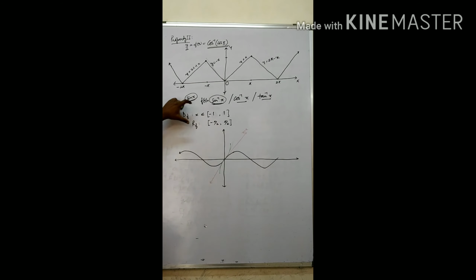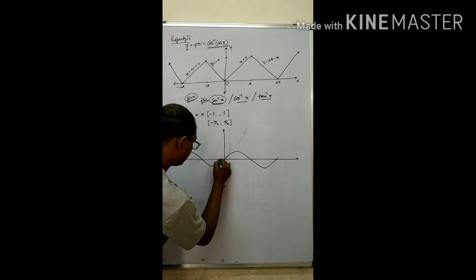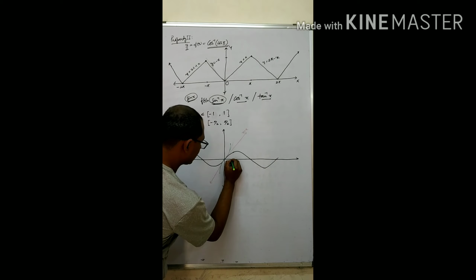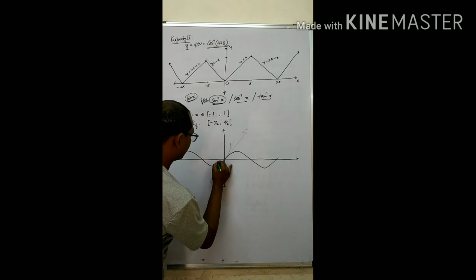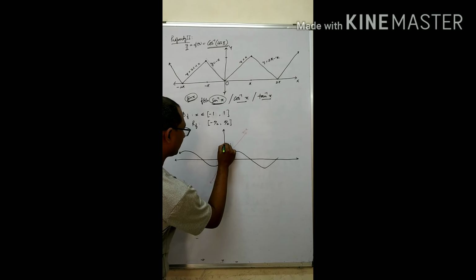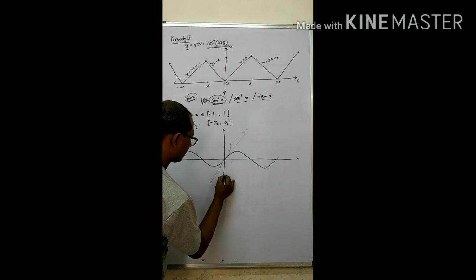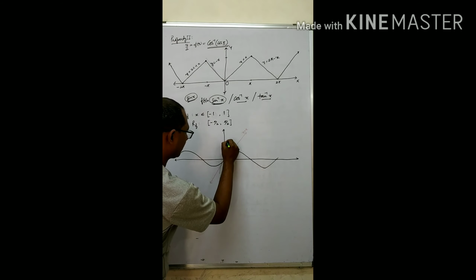Now, the domain of sin inverse x, domain meaning the values of x, will be from minus 1 to 1. And the range is minus pi by 2 to pi by 2. So this point here and this point here will be minus pi by 2 and pi by 2.